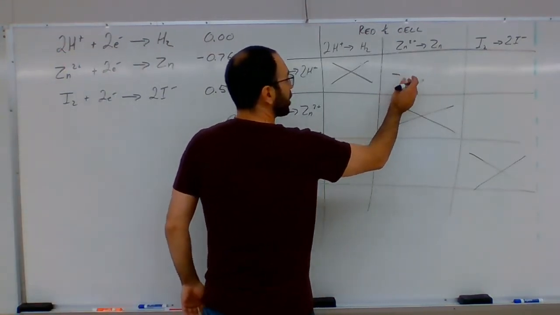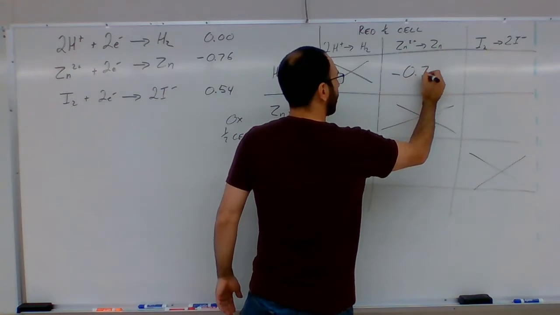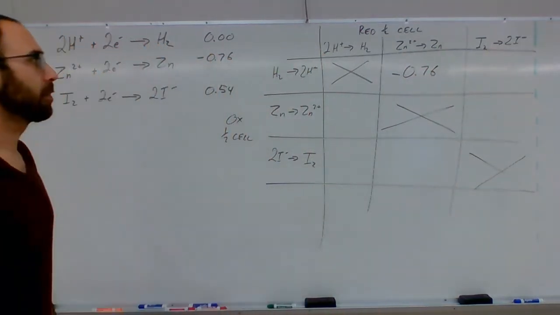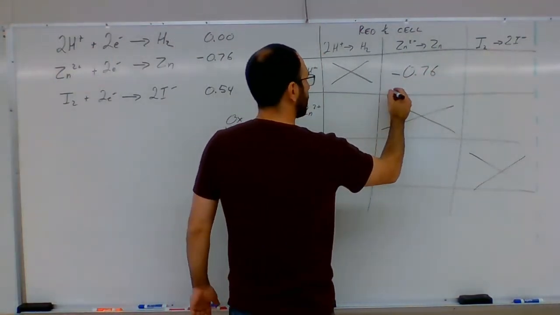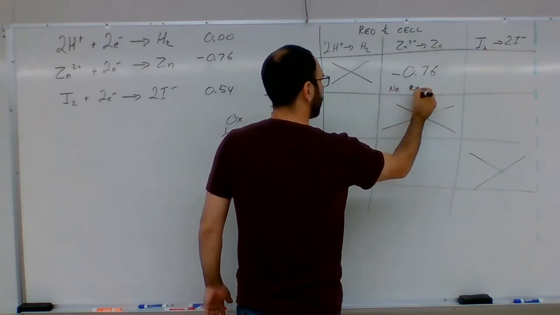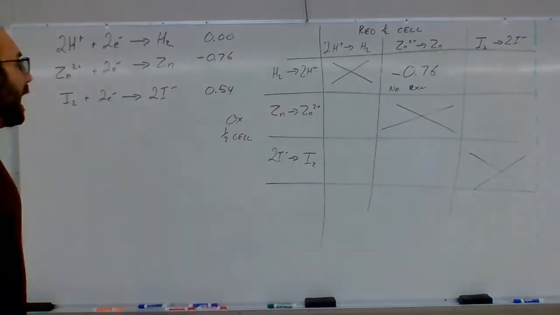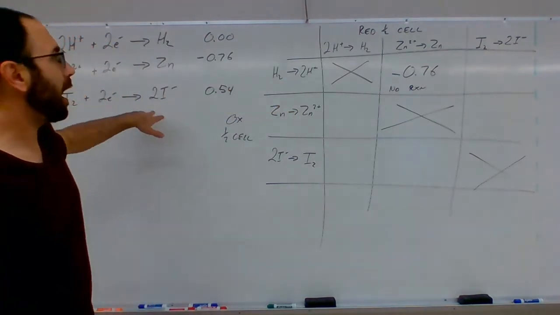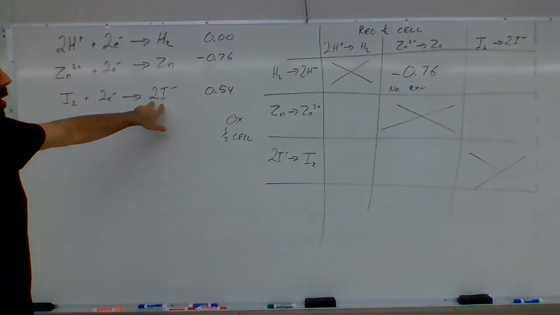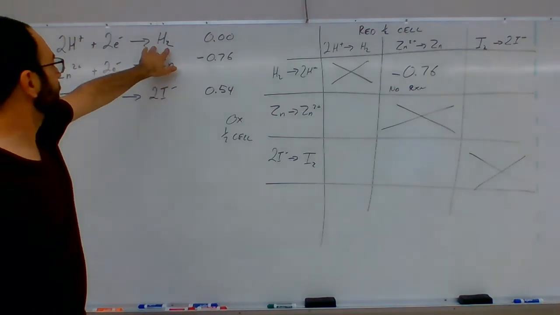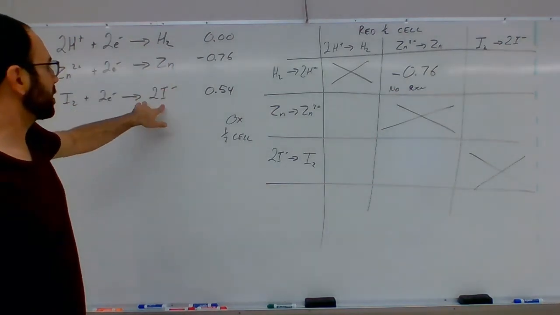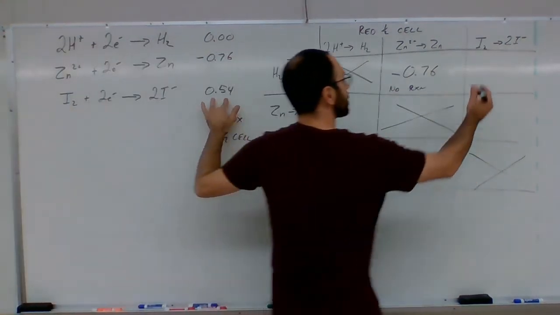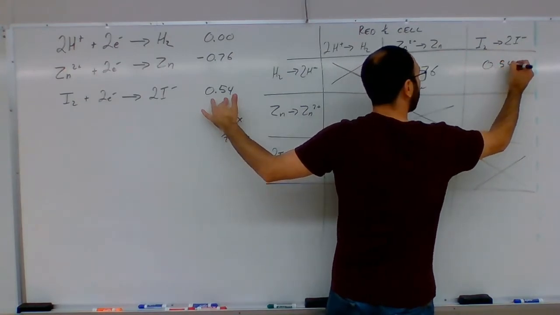So this is no reaction. If I looked at the hydrogen gas and my iodine going to the 2I-, so looking at this as the oxidation and this as the reduction, I end up with this 0.54, so it is spontaneous.